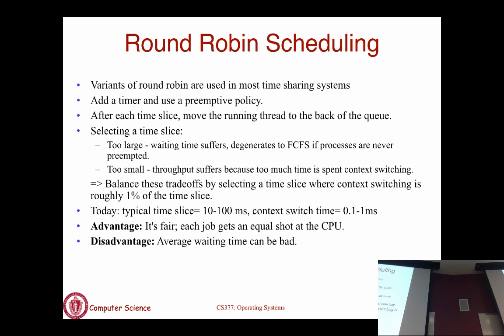On the other hand, if you had made the time slice 100 milliseconds, and your context switch time is still 0.1 millisecond, then every process is given 100 milliseconds. Once it finishes, you spend a tenth of a millisecond switching between processes, and the next process gets to run another 100 milliseconds. So for every 100 milliseconds of useful execution time, a tenth of a millisecond is wasted on context switches.